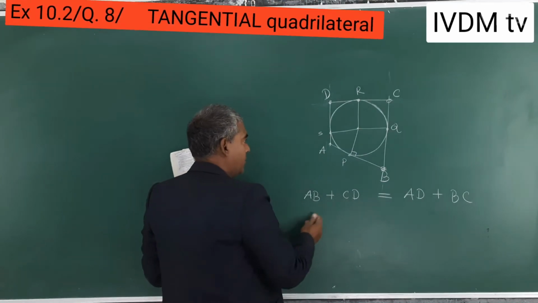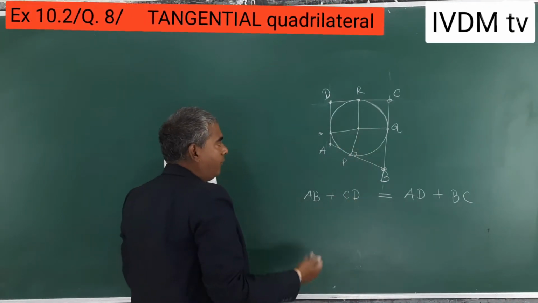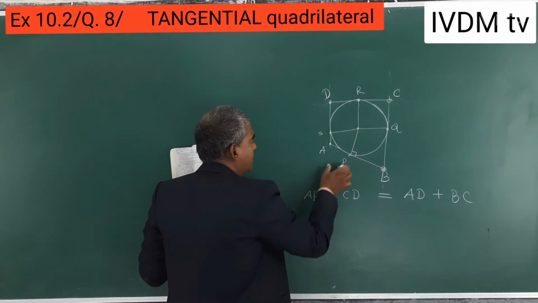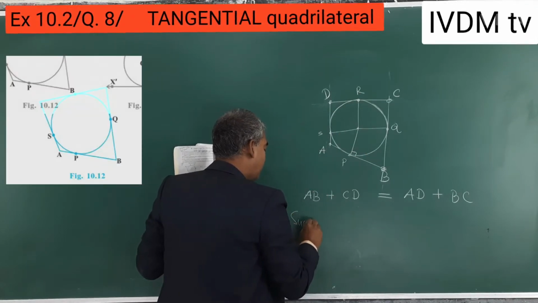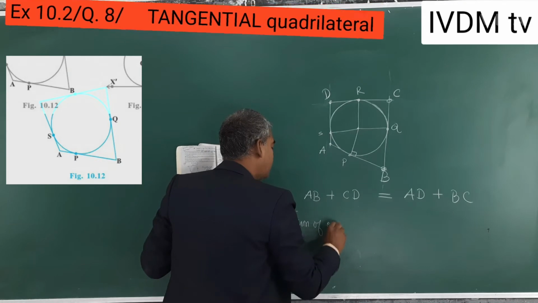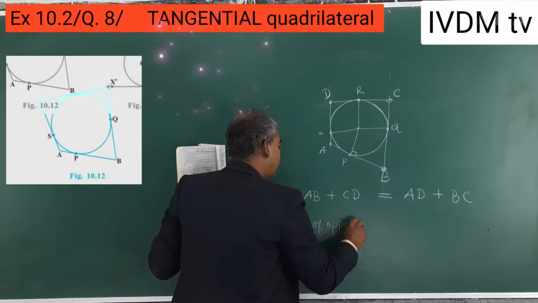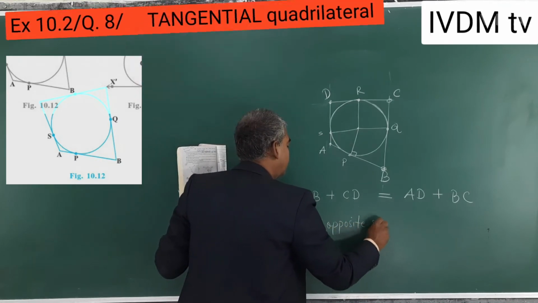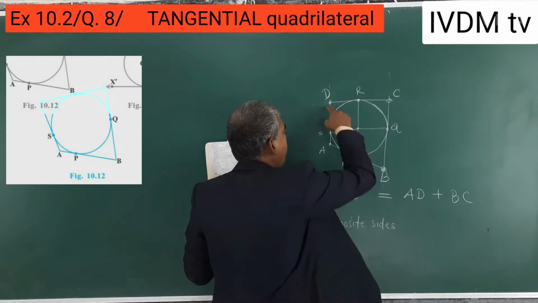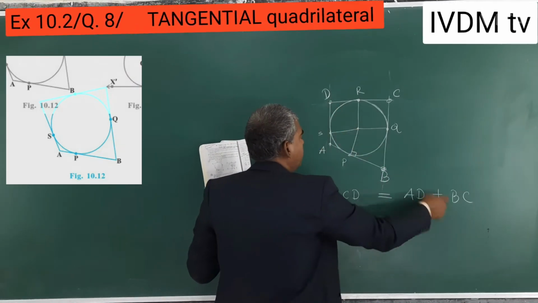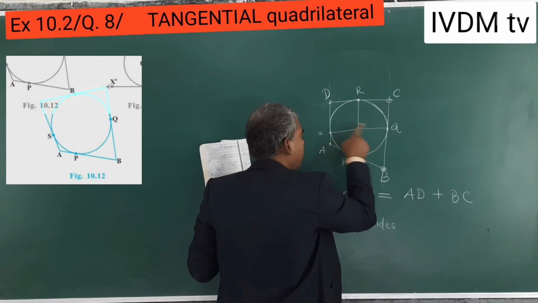This is because a quadrilateral has 4 sides, so 2 pairs of opposite sides. So this is the sum of opposite sides. This one, AD plus BC, these are opposite sides.